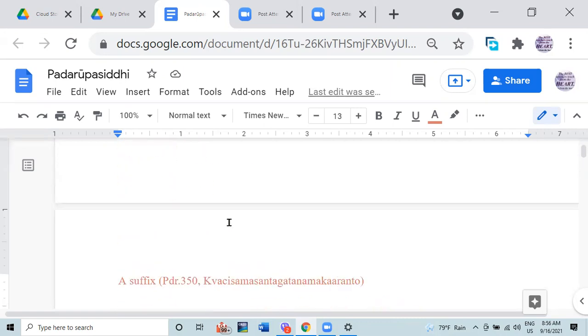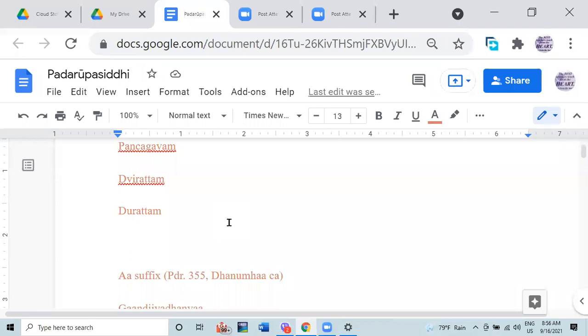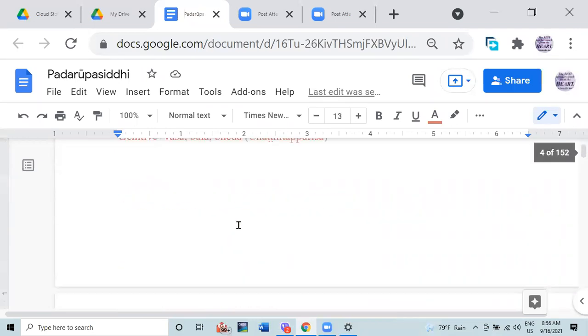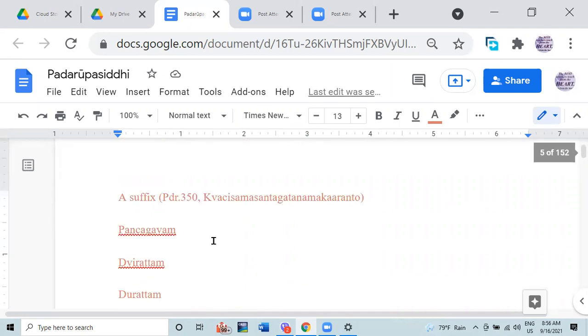So there are three samasa suffixes, but most students mostly remember only the ka suffix, because the ka suffix is the most common and appears often.